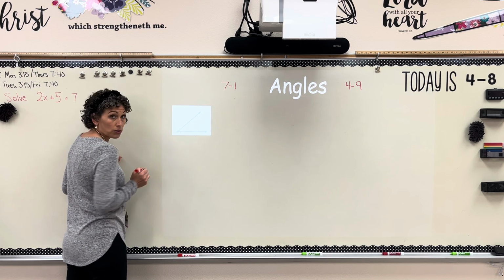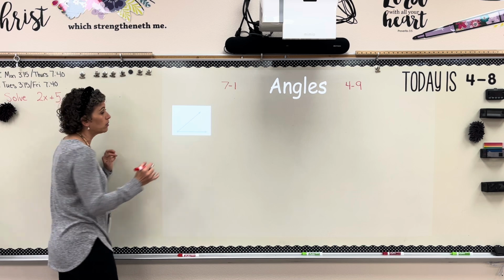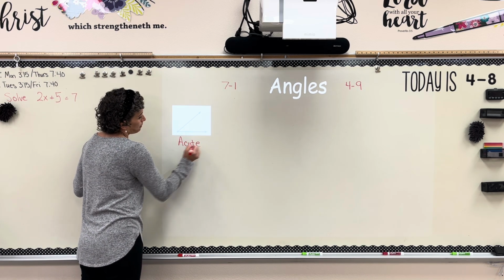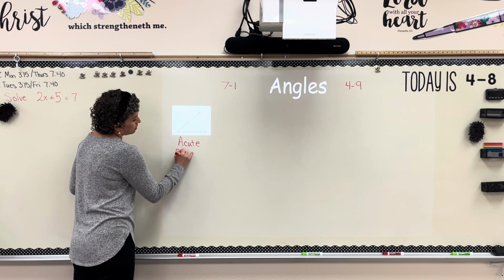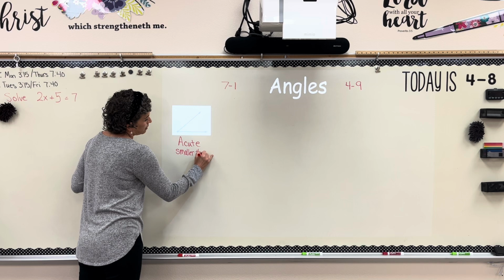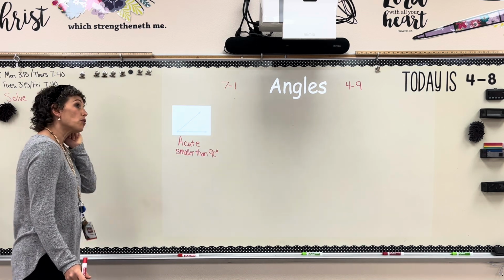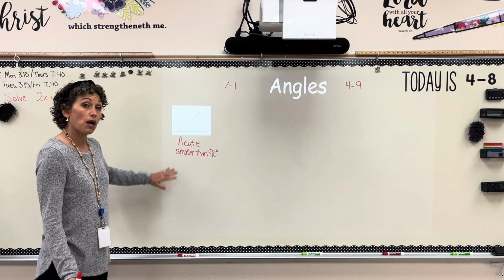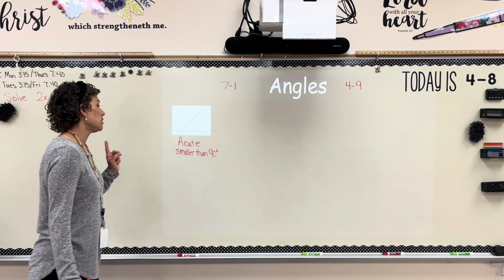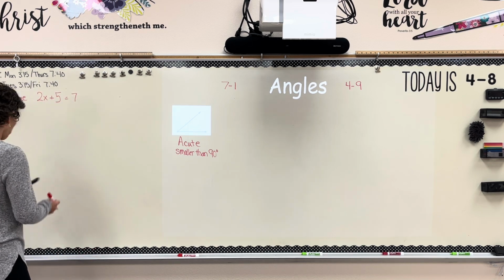This is smaller than a 90-degree angle, so I always called it an acute angle, so its name is acute. This is smaller than 90 degrees. We need to know this to be able to work the problems today. We're also going to be able to name the triangles, so you need to know that for that part too.